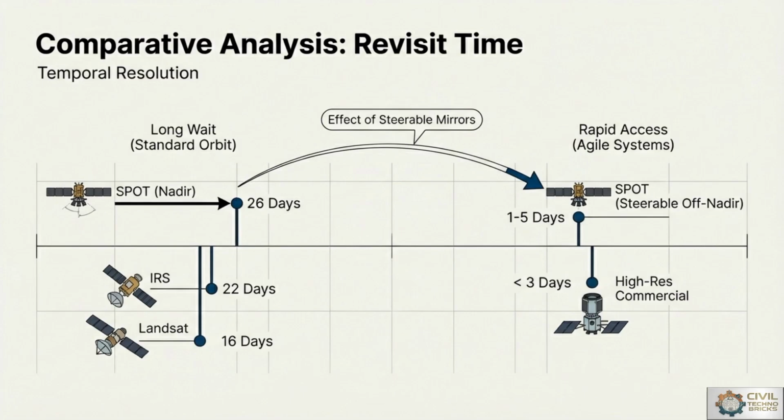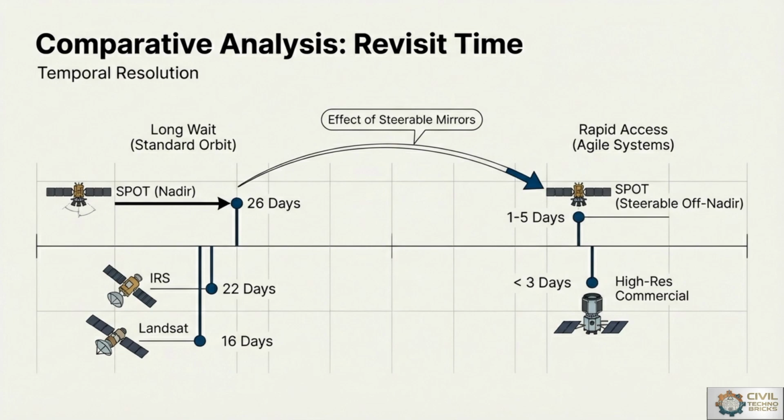AGL satellites with steerable sensors can reduce revisit time significantly through off-nadir viewing. Short revisit periods are important for monitoring rapidly changing environmental conditions. The applications include disaster management, construction monitoring, and flood assessment from the infrastructural surveillance point of view.